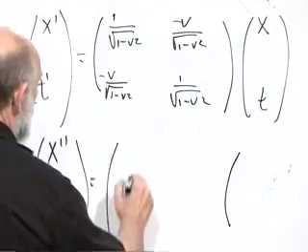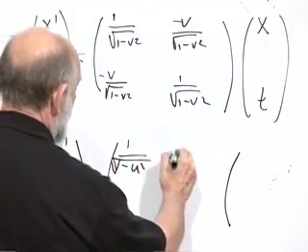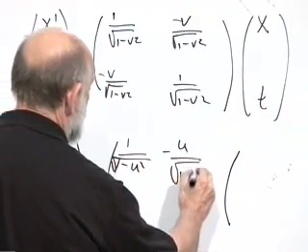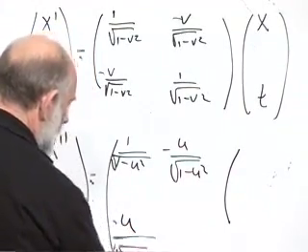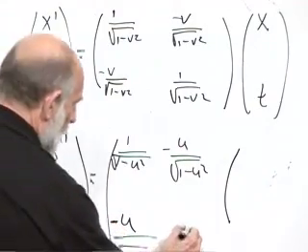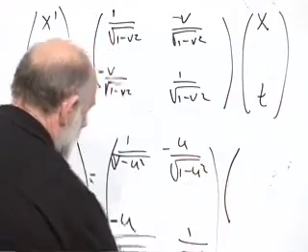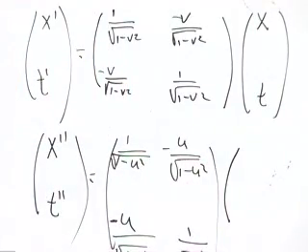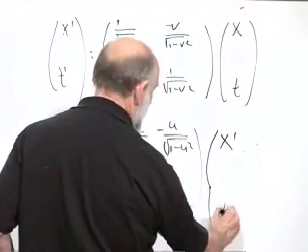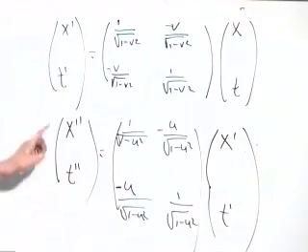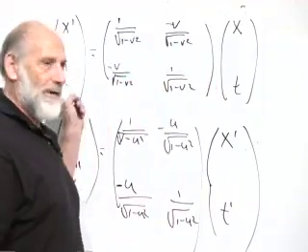And that's equal to 1 over square root of 1 minus u squared, minus u over square root of 1 minus u squared, u over square root of 1 minus u squared, and then 1 over square root of 1 minus u squared, times x prime t prime. So this takes us from me to him, and this takes us from you to me.